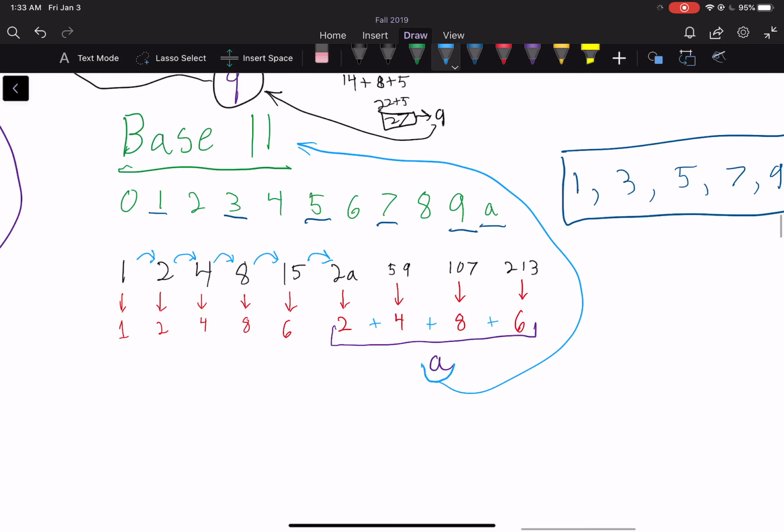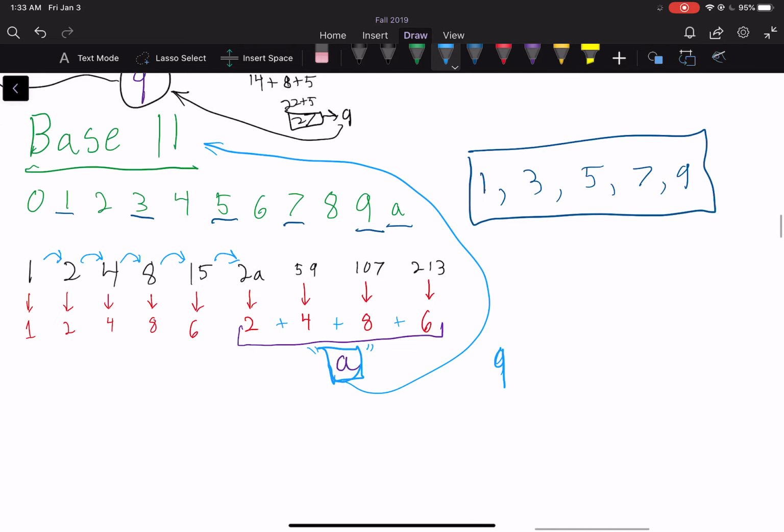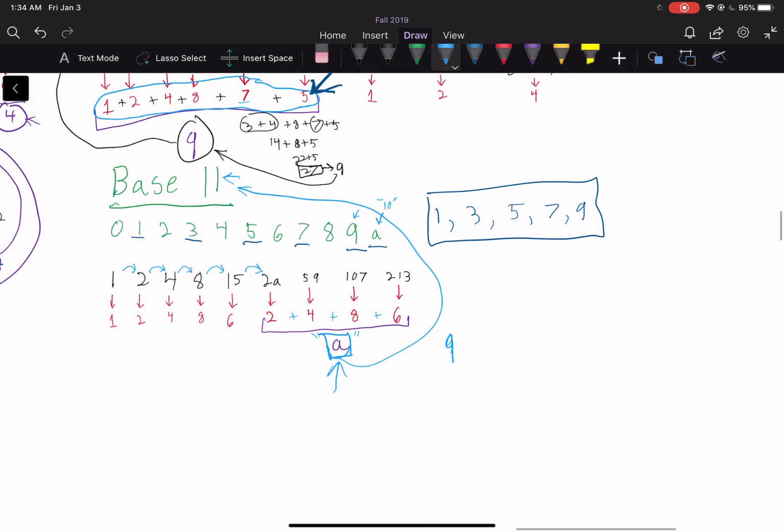But this number needs to be single digit, and this number is quote unquote 10. But we don't have a symbol for 10 in our number system. It only goes up to 9, right? So just like right here, it only goes up to 9. So our 10th number is A, right? So our 10th right here is 1 less than 11 up here. So this pattern still holds true.